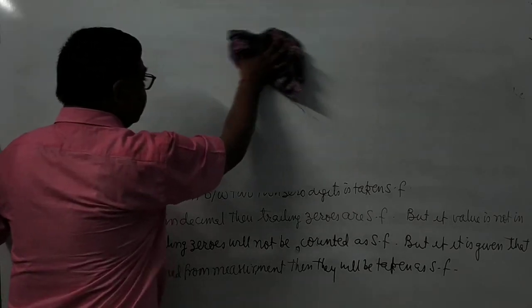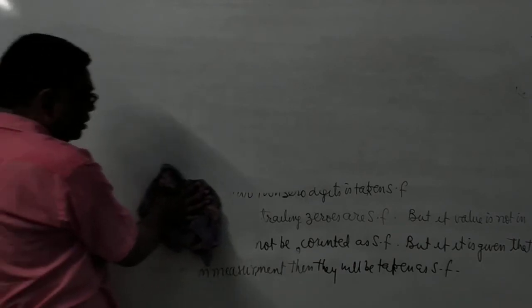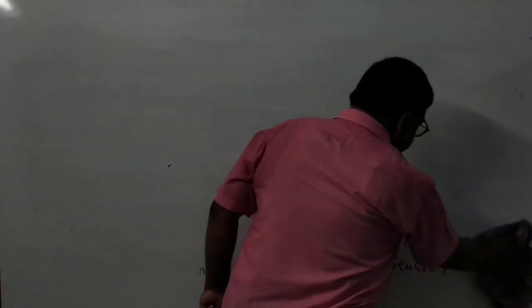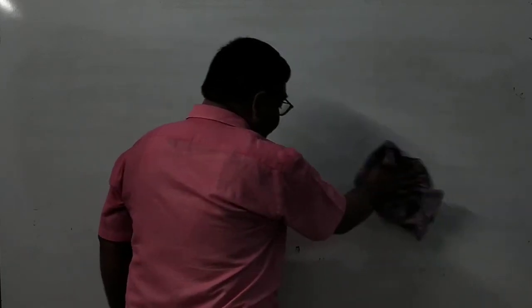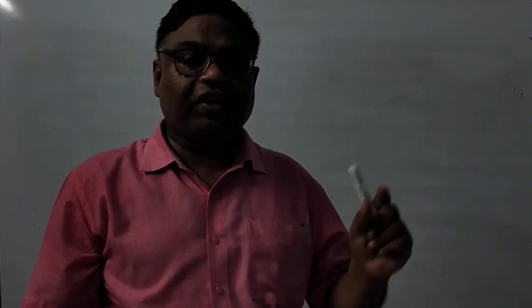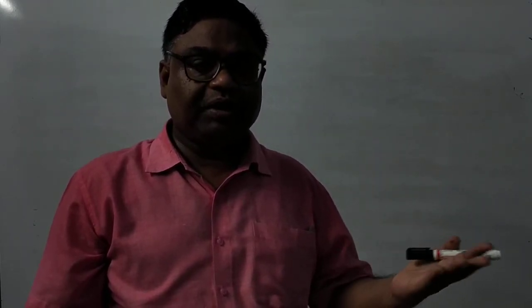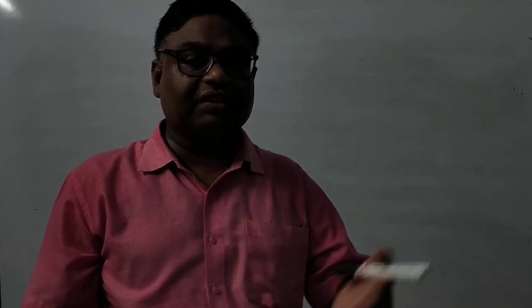Those measured values have been measured up to different levels of accuracy. They have been measured by different instruments, because they may be of different types. One may be mass, other may be length.